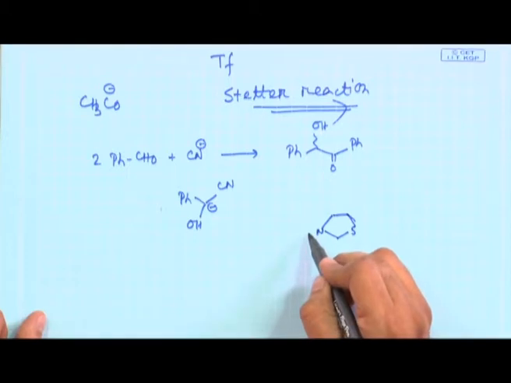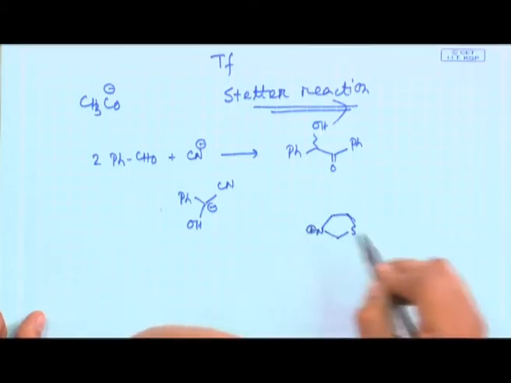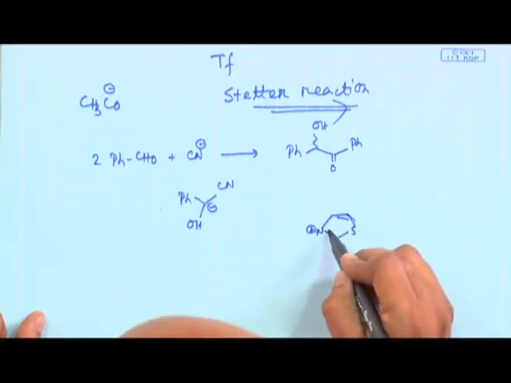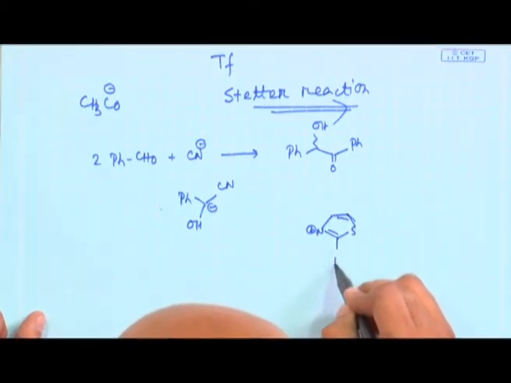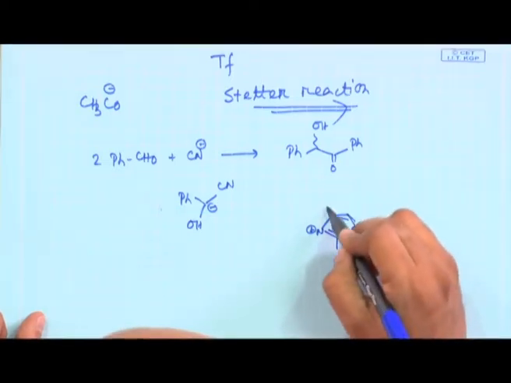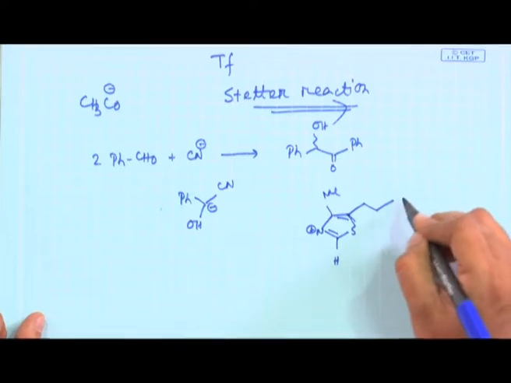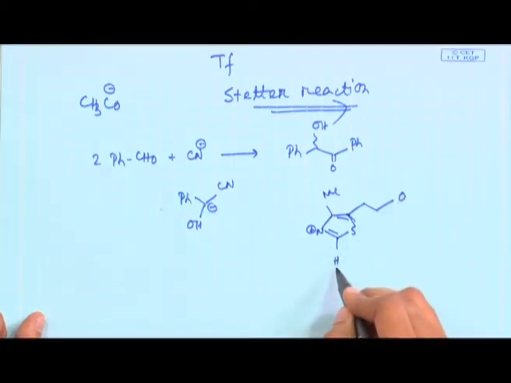Now, this is a thiazolium nucleus where nitrogen and sulfur are present, and you basically have an acidic hydrogen in this portion, which is flanked by nitrogen and sulfur.